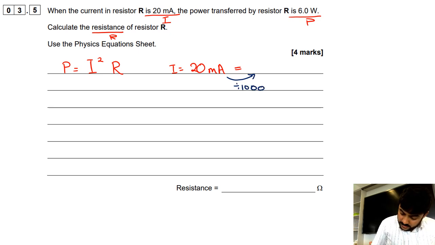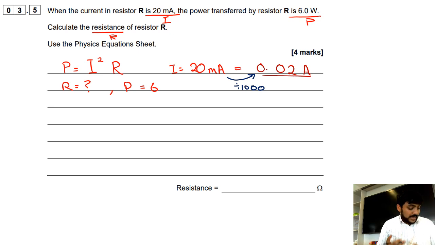So it's converted into 0.02 amps. That's my current. My resistance is what I'm trying to calculate, and power is 6.